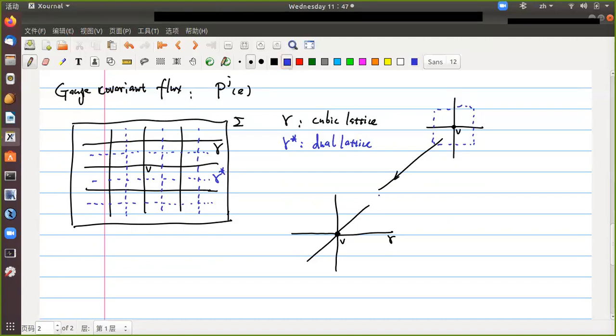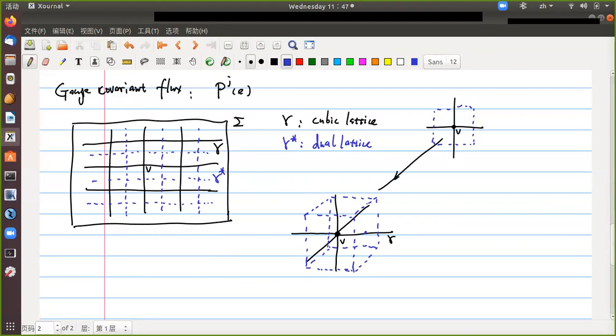So here you have a face intersecting the edge, right? This is a face in the dual lattice. And then you make this kind of intersection for all edges, right? So here you get a surface of the cube because you have 6 edges and you cut those 6 edges using faces. And then the faces, of course, intersect.